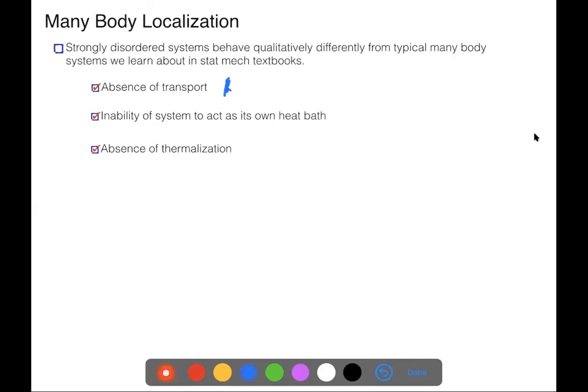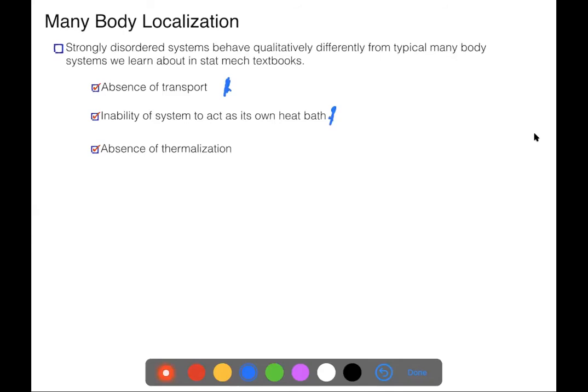That's absence of transport. You will see that the system will not be able to act as its own heat bath. By that I mean, if you are looking at a small subsystem, the rest of the system doesn't look as if it's providing a heat bath with which it can exchange energy and thermalize.